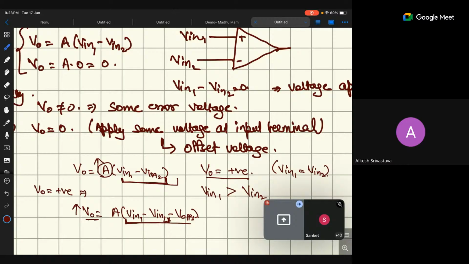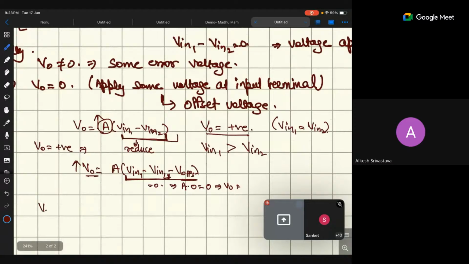Positive multiplied by the amplifier gain gives a positive output voltage. So we have to reduce this value by subtracting some more parameter. So this value should become 0, and A times 0 is equal to 0. So V out is 0.